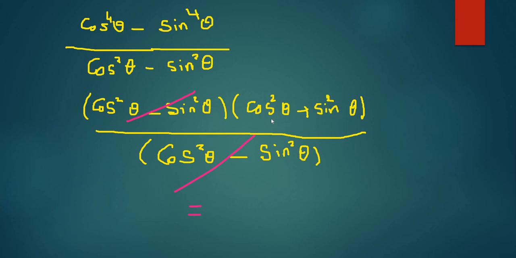Cancelling the common brackets, we get cosine power 2 theta plus sine power 2 theta, and the result is 1.